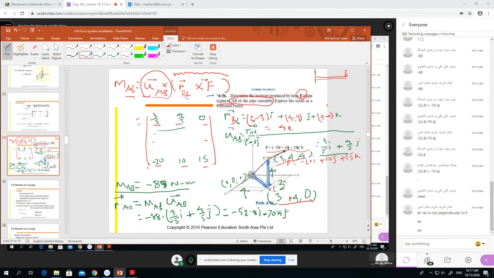RBC equals 4K. That means I equals 0, J equals 0, and K equals 4. Now do the calculation and tell me what is the result.